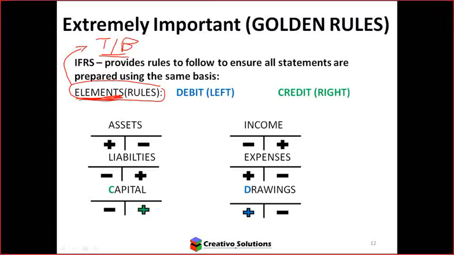Are all of those accounts going to be part of the accounting elements? Accounting elements, do you get more than these 6 elements? No, you don't. These are the only 6 that you get. But do you agree we could have hundreds of different accounts?